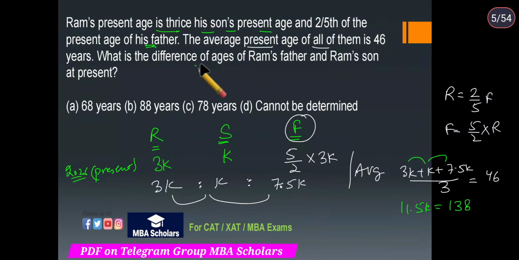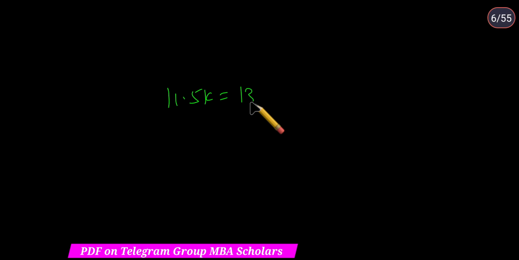Right. So what is the difference of the ages of Ram's father and Ram's son? Definitely, if I talk about the difference, the difference is of a multiple of k, so I need to check. So 11.5k equals 138.